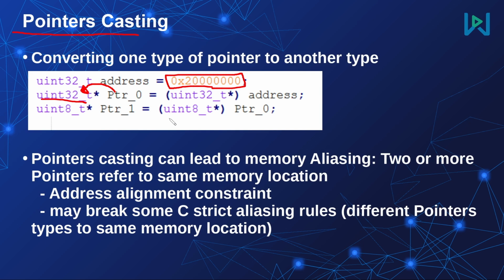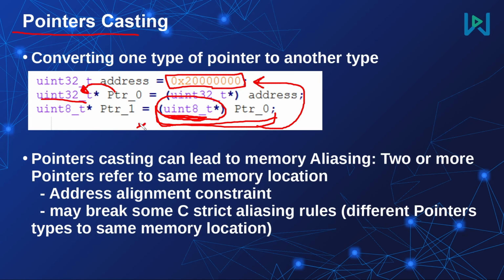In this line, I have cast and converted this pointer to be an 8-bit pointer instead of 32 bits. To do so, we need to specify explicitly the casting type in front of our pointer, and hence we can use this full syntax to access our memory address again.